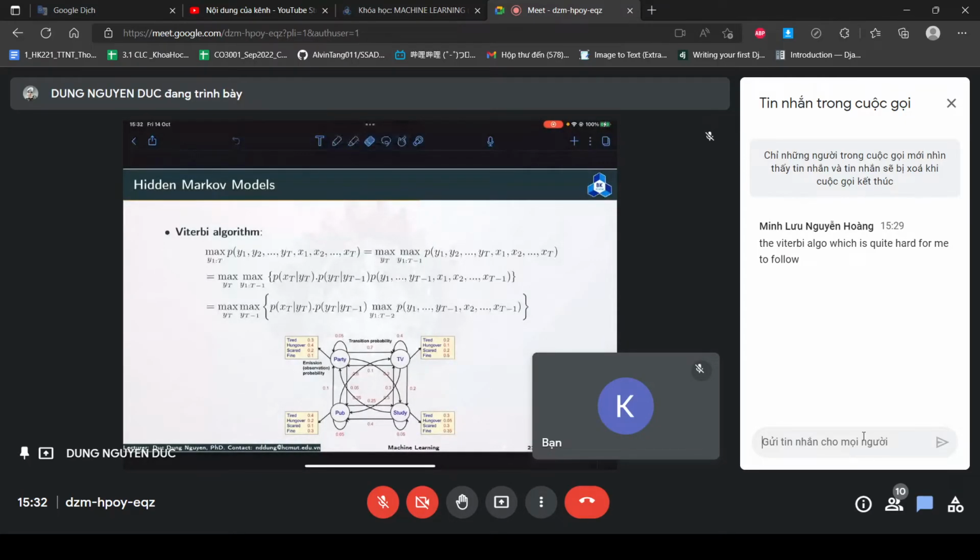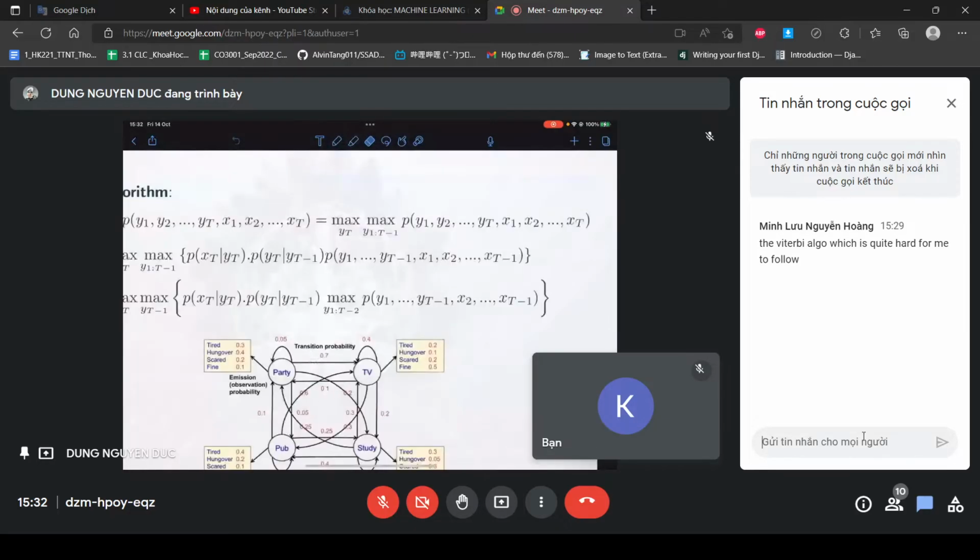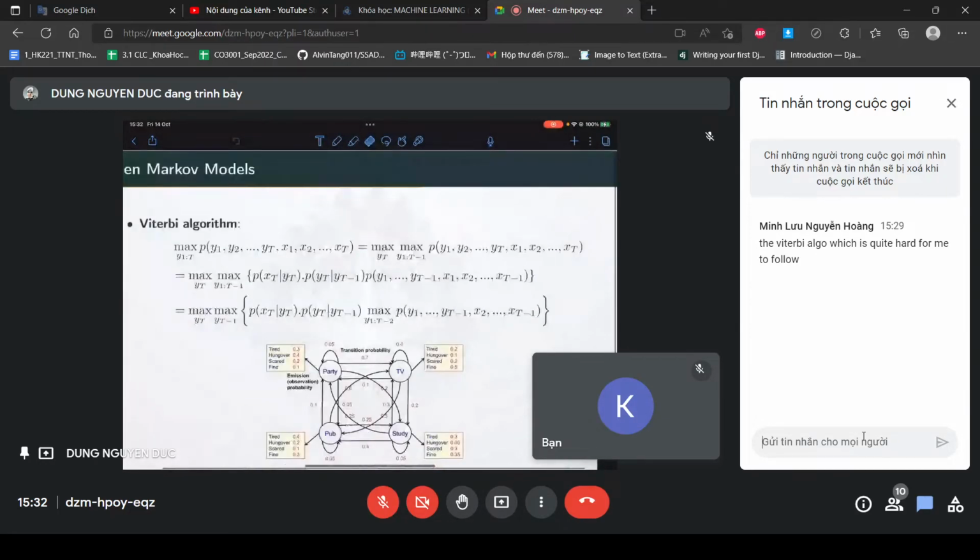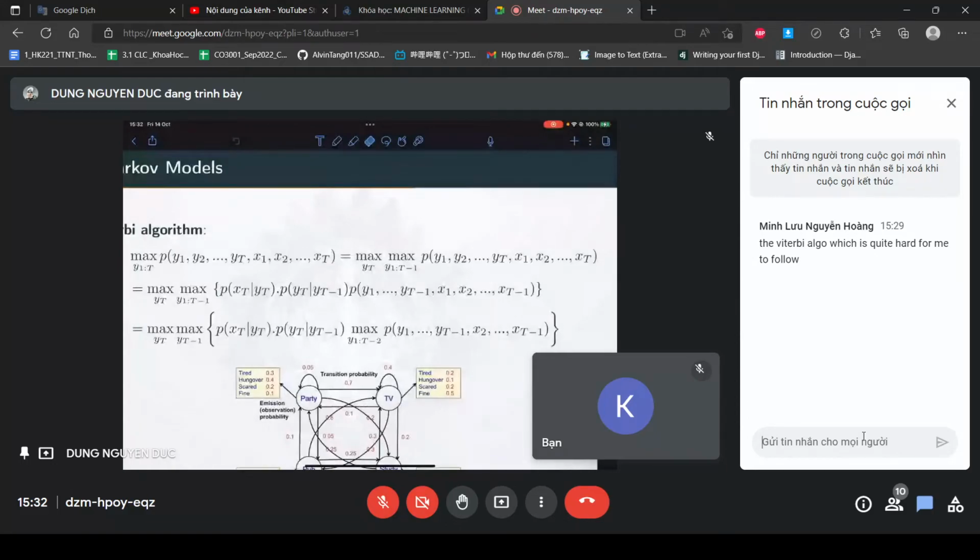Okay, so as you are looking at the material, what you see is that for Viterbi, we tend to find the sequence from y1 to T that maximizes the joint probability of the observation and the hidden state. This is normal.